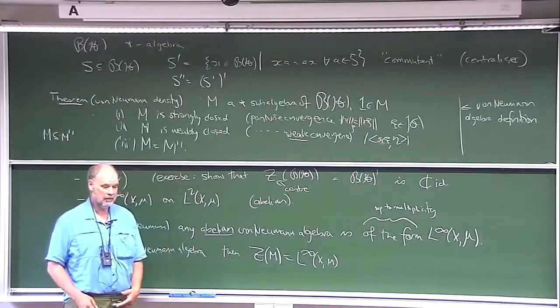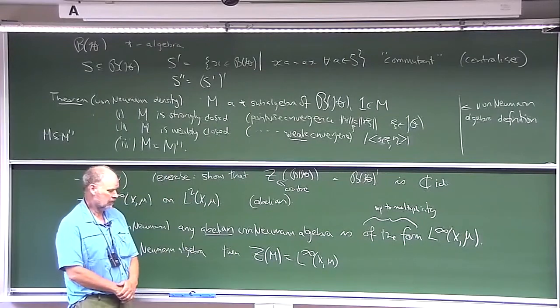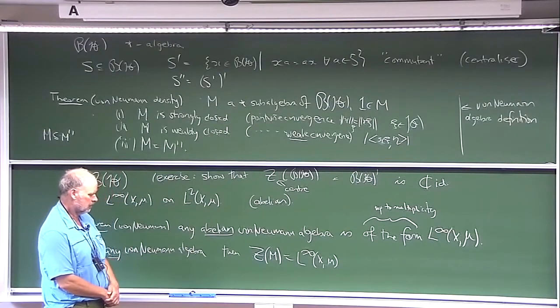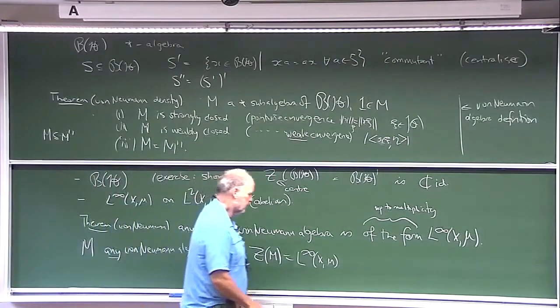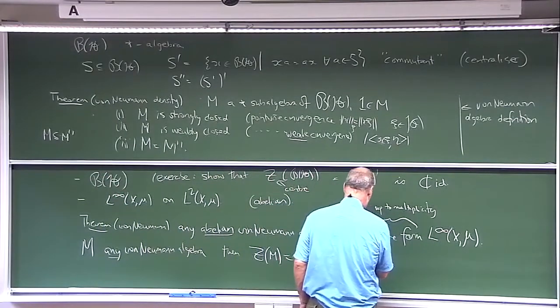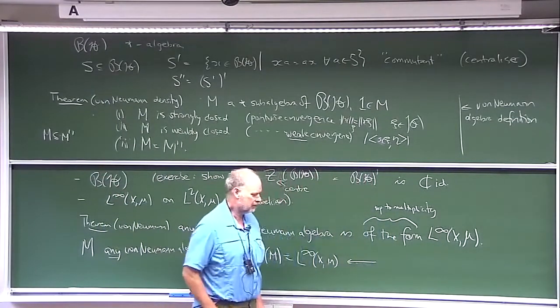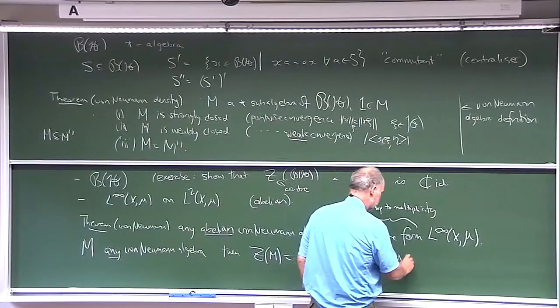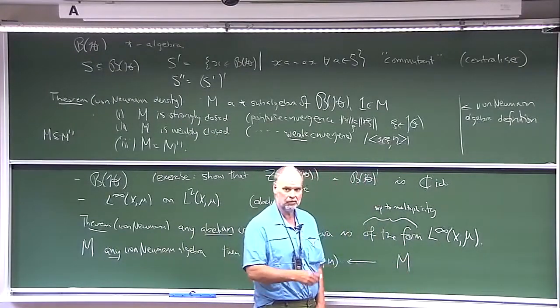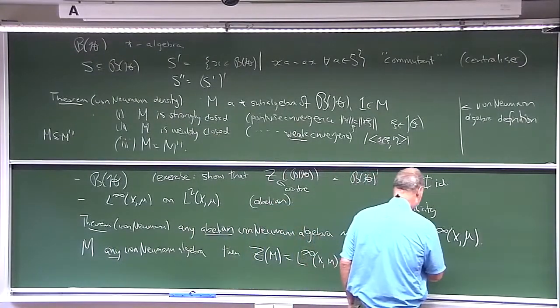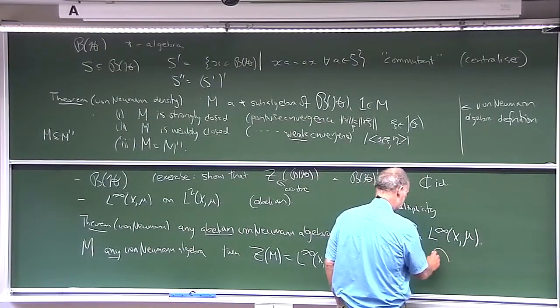There is a measure space such that the center is the L infinity functions for that measure space. And then there is this theorem due to von Neumann, once again, that what this means is that M, I'm going to illustrate this in finite dimensions, so you're supposed to understand the meaning of it from the finite dimensional case.